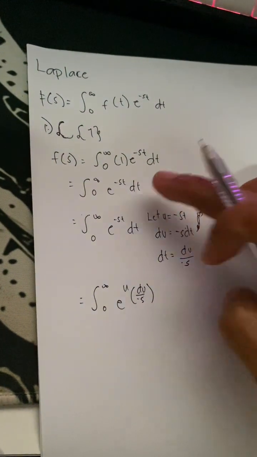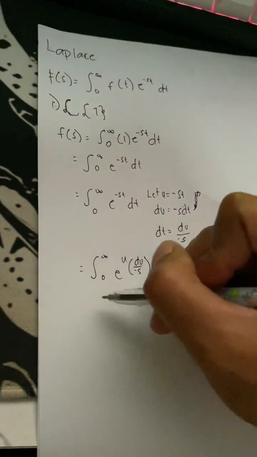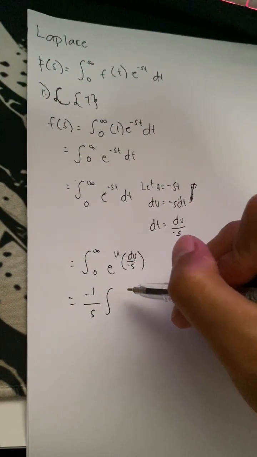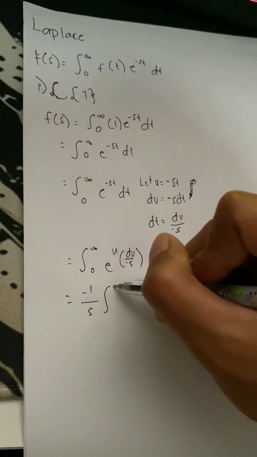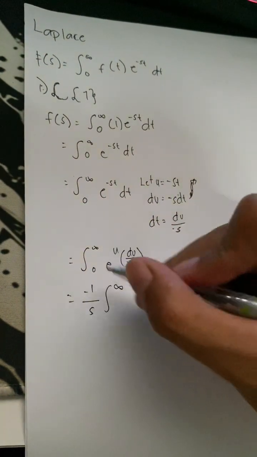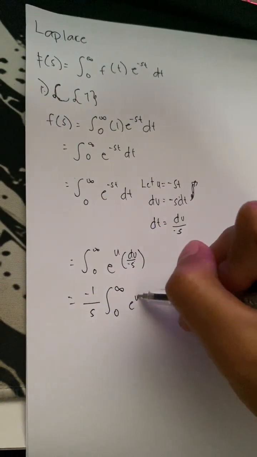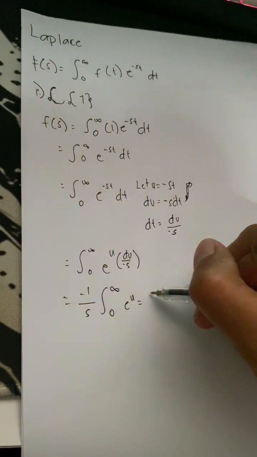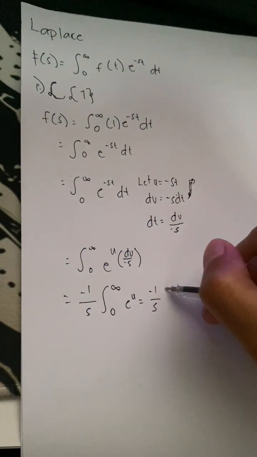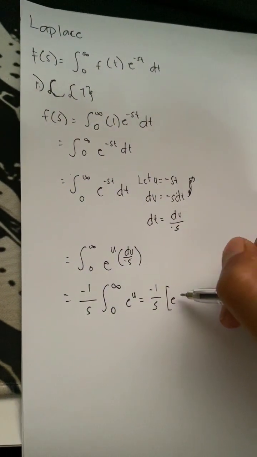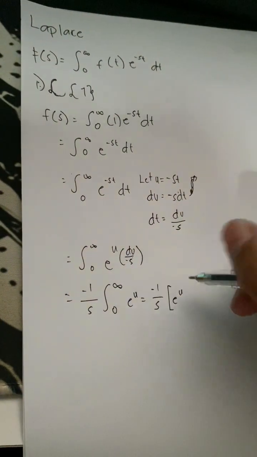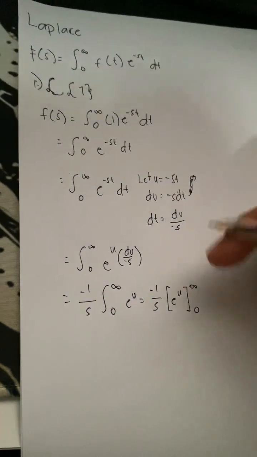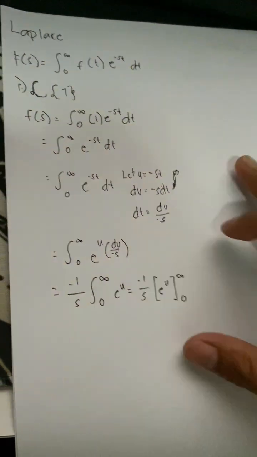I can factor out 1 over negative s because s is considered a constant here, as we are integrating in terms of u. So we have negative 1 over s times the integral from 0 to infinity of e raised to u. We know that the integral of e raised to u is simply e raised to u, evaluated from 0 to infinity.